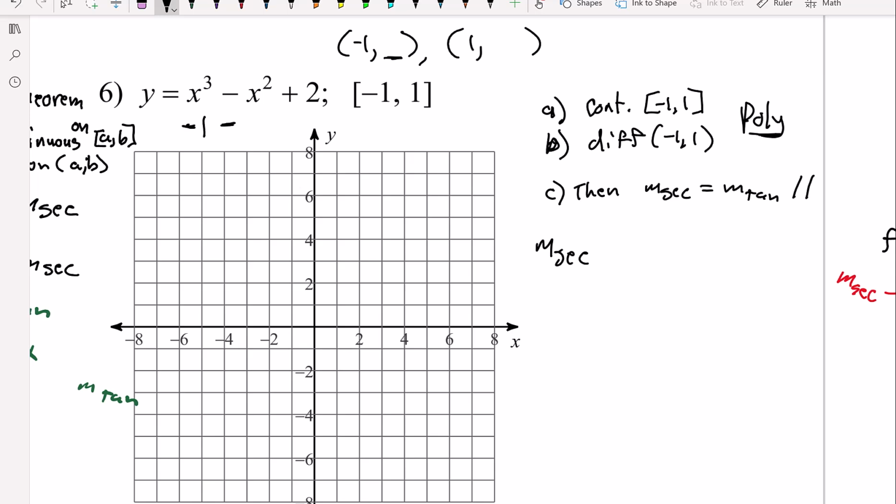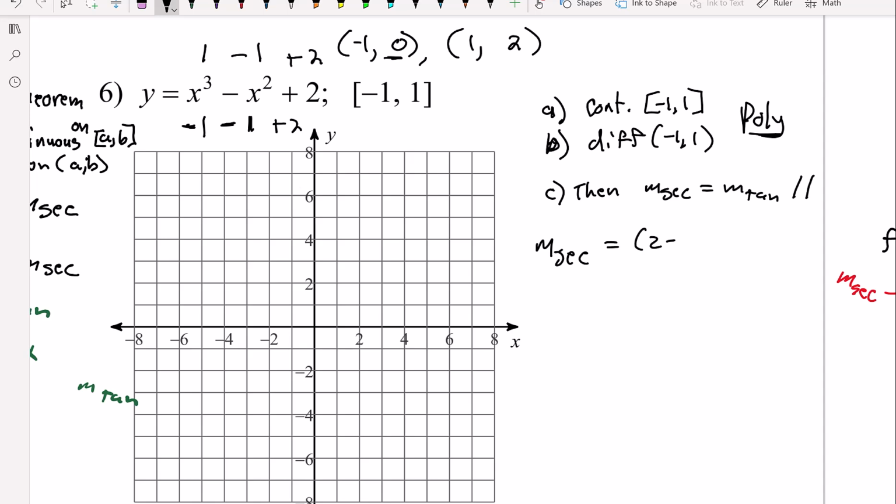Subtract. -1 squared is 1. Add those together and you get 0. And then when we plug 1 in there, we have 1, subtract 1, plus 2. So that's a height of 2. Those are our two y values and x values.